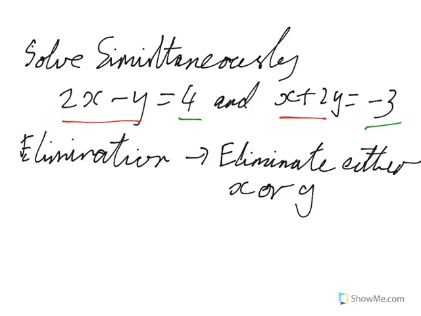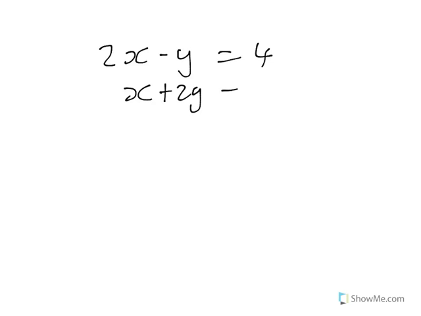Let's have a look at how we would do that. The way that I like to set it out is 2x minus y equals 4 on the top, and underneath it x plus 2y equals negative 3.